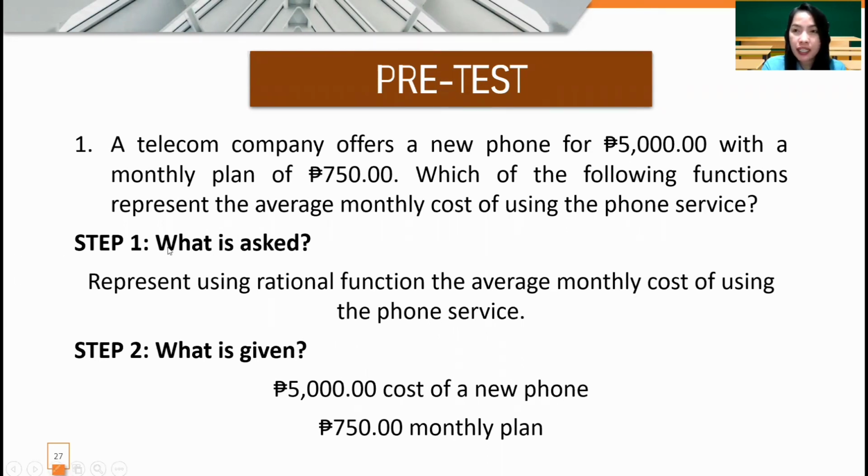So, applying the 4 steps in representing real-life situations using rational functions. Step 1, represent using rational function the average monthly cost of using the phone service. For step number 2, what is given? In the problem, we have here 5,000 as the cost of a new phone. And for the monthly plan, we have here 750 pesos.